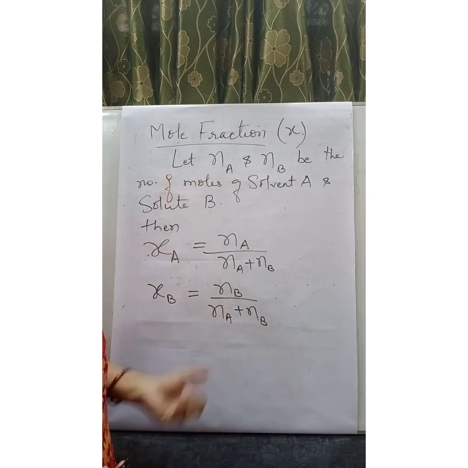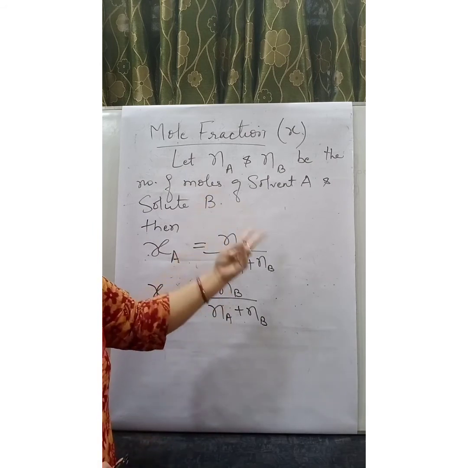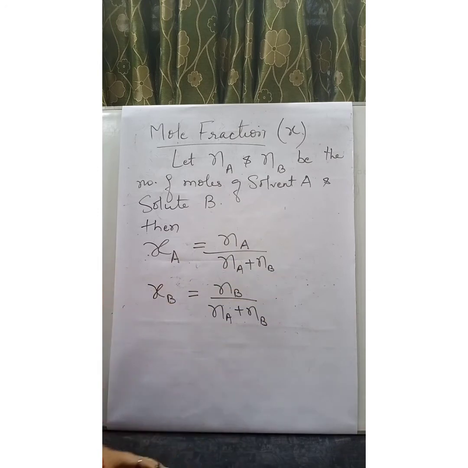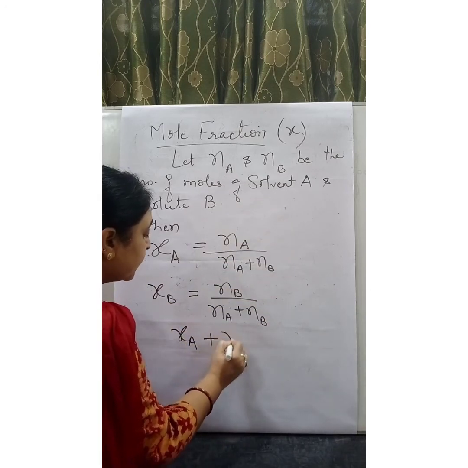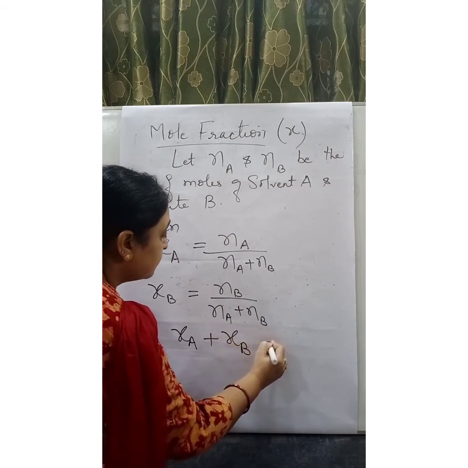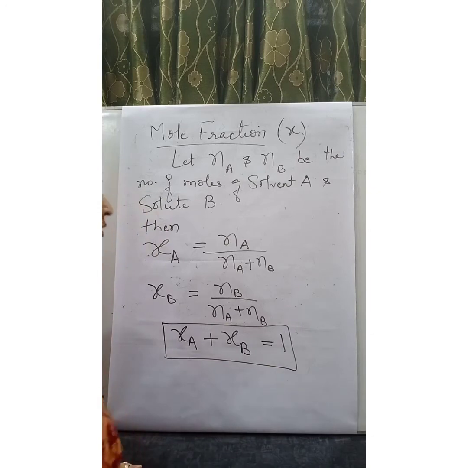Since we are dealing with a binary solution where only two components are present, component A and component B, the sum of the mole fractions of component A and component B is always equal to 1. If you are having 4 components, then the sum of the mole fractions of the 4 components will be equal to 1.